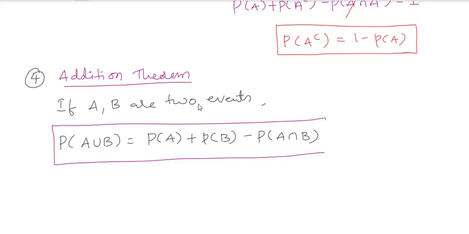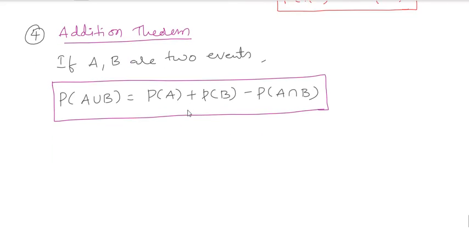These are all simple strategies, right? If A, B are two different events, I can represent it like that.